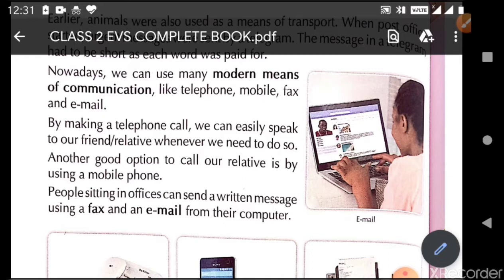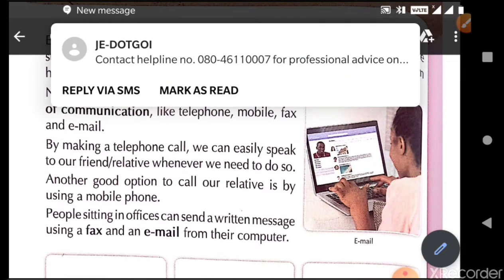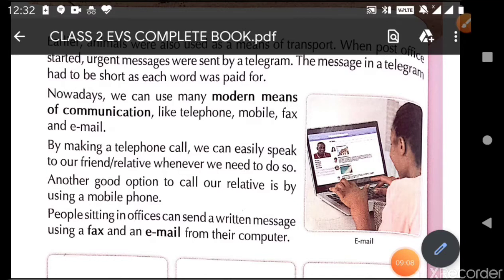So the technological advances of the past few decades have made it possible to transmit printed messages, pictures, and even live performances to all the corners of the world with speed and at the same time.